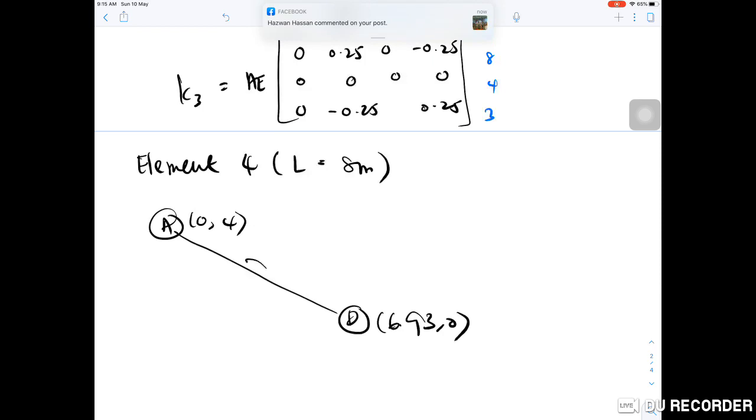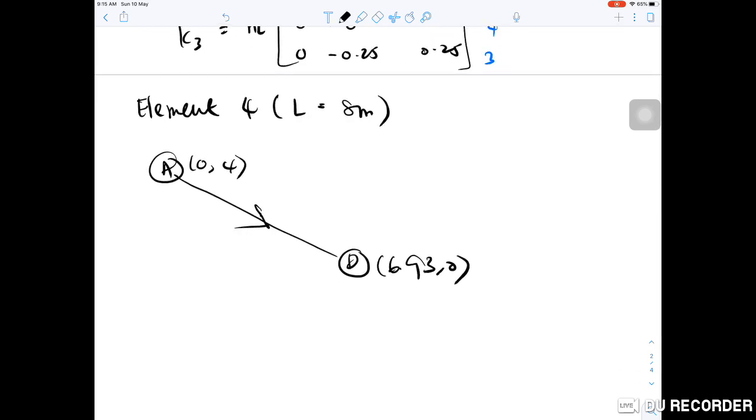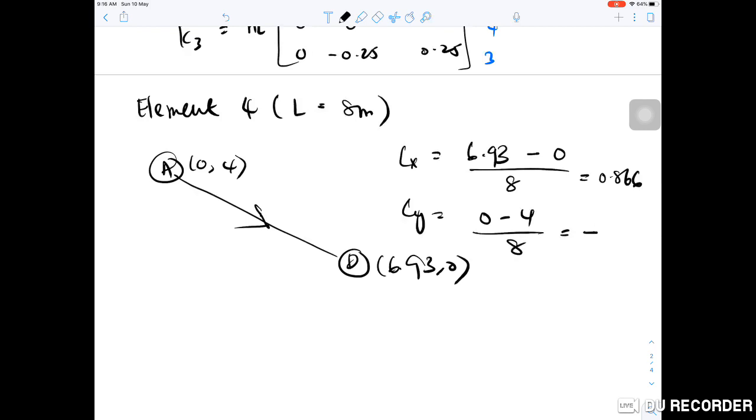The arrow is in this direction. For Cx it is far minus near, 6.93 minus 0 divided by 8, which is 6.93 divided by 8, equal to 0.866. And Cy is 0 minus 4 divided by 8, which is negative 0.5.